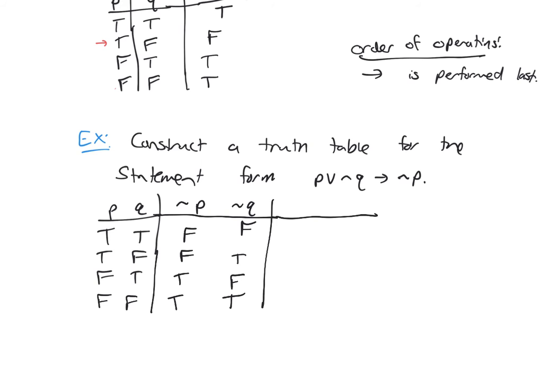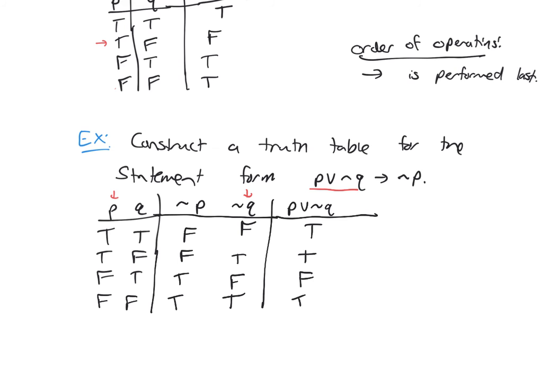So we're going to start by making our hypothesis P or not Q. So you're going to look at the P column, you're going to look at the not Q column and put an or between them. So we get true, true, false, true.